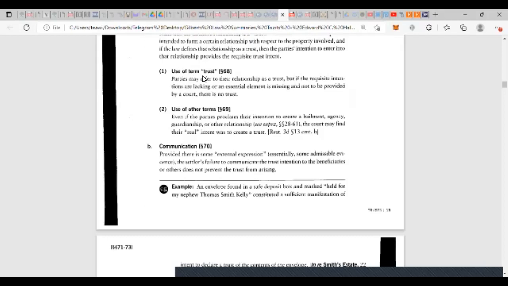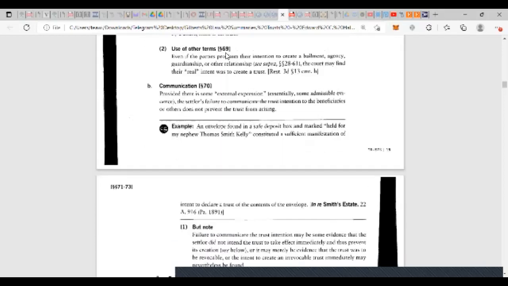Number 1, use of term trust, Section 68. Parties may refer to their relationship as a trust, but if the requisite intentions are lacking or an essential element is missing and not to be provided by a court, there is no trust. Number 2, use of other terms, Section 69.